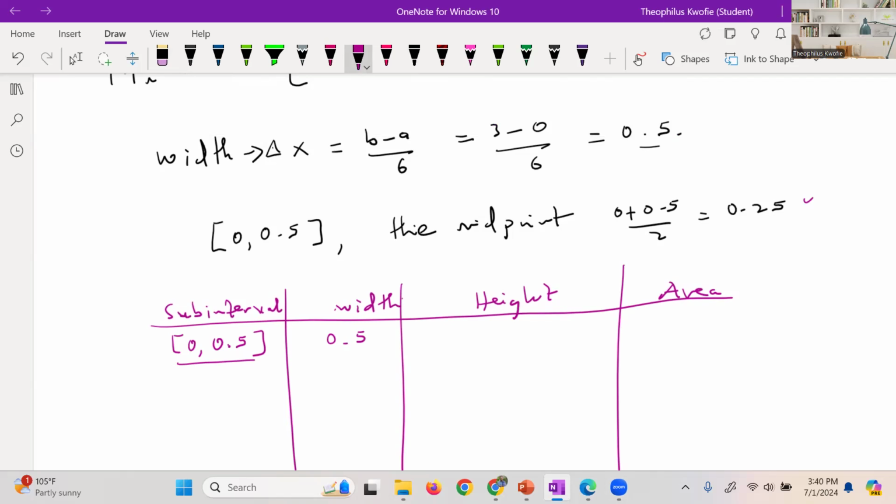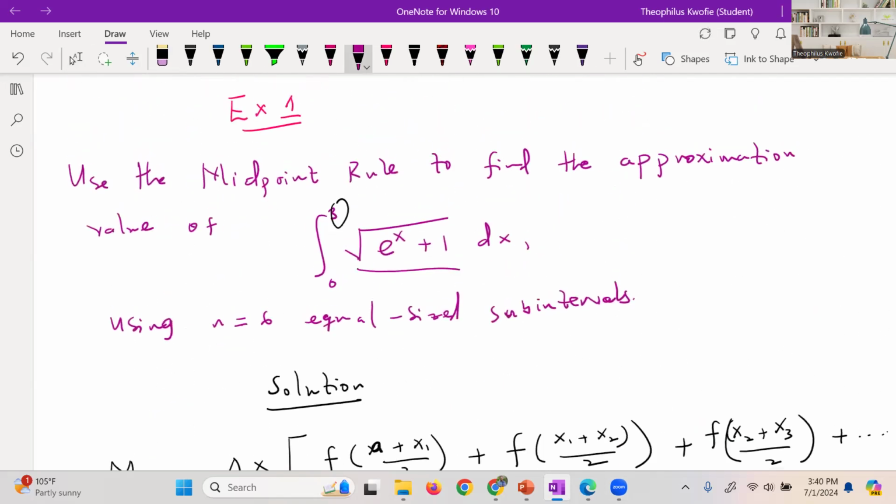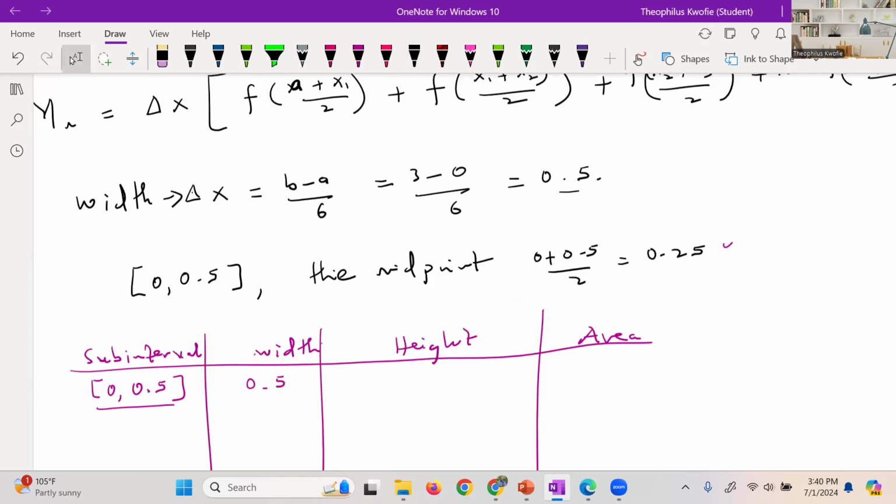Then we plug that into the integrand, which we all know is this. This is our integrand. So we plug 0.25 into that.